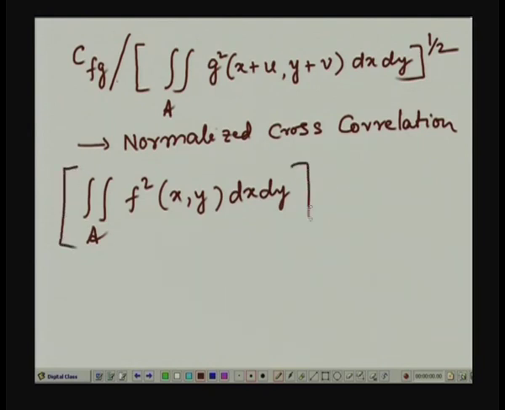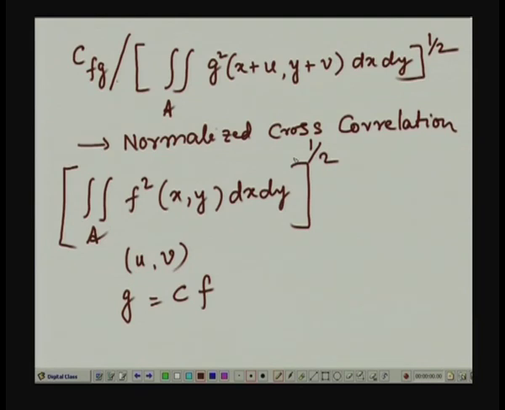This is the maximum value attained by the normalized cross correlation, for the values of u and v for which the function g becomes some constant c times f. For that particular shift u v, where g is equal to c times f, the normalized cross correlation takes the maximum value.